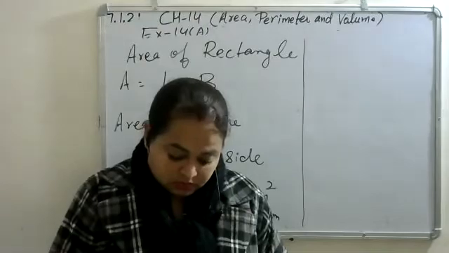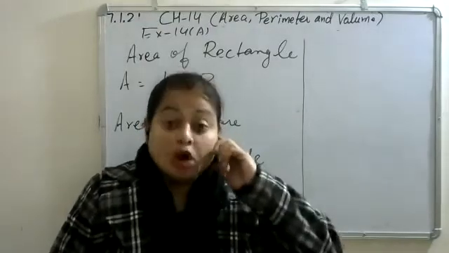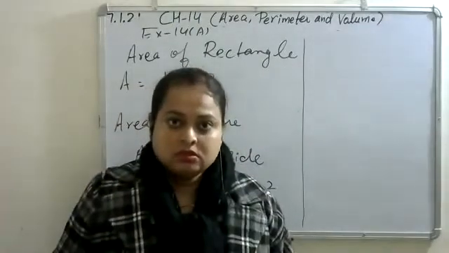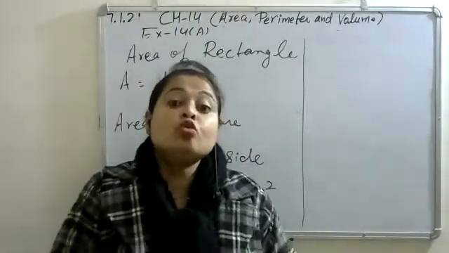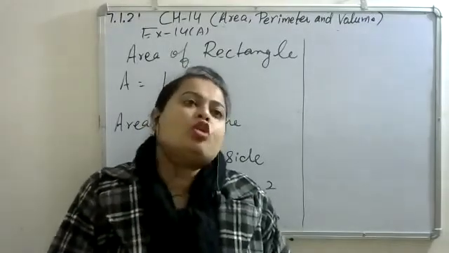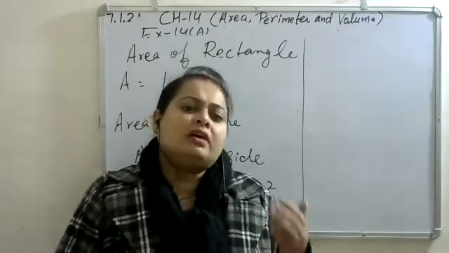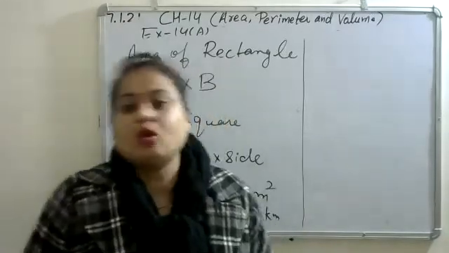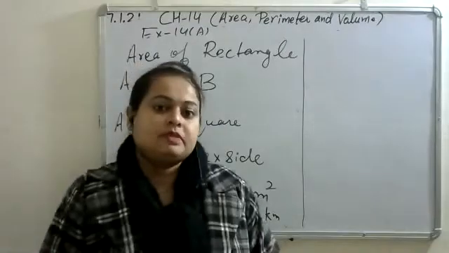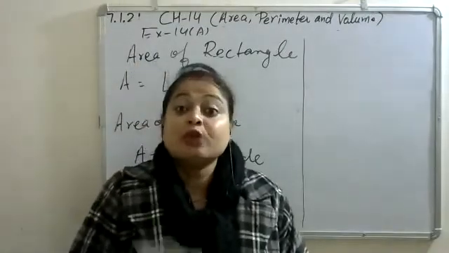Ma'am, room के floor पे. Tiling a hall, hall means room. रूम के अंदर फ्लोर के ऊपर टाइलिंग लगती है. So according to you, in this question you will use which concept, perimeter or area? Ma'am, area. Very good. Concept of area.